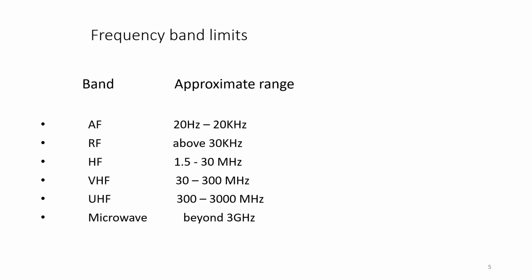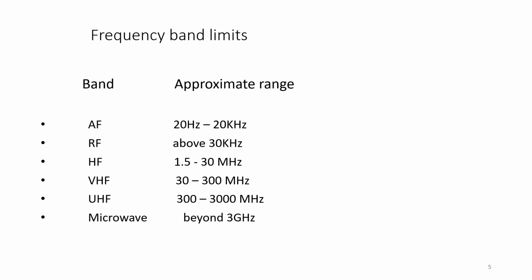The audio frequency band, as we know, it is from 20 Hz to 20 kHz. The radio frequency from above 30 kHz. High frequency band is from 1.5 to 30 MHz. The very high frequency band 30 to 300 MHz.